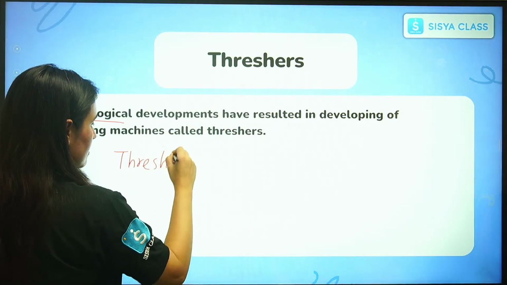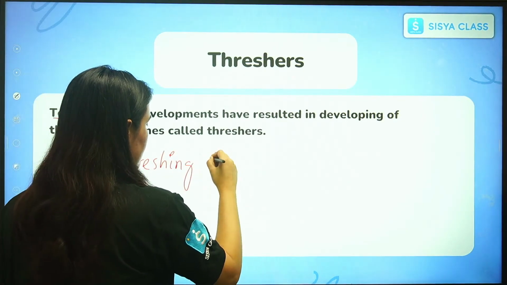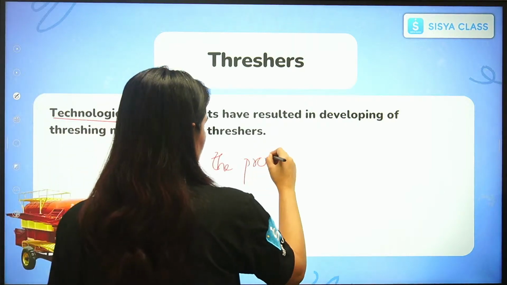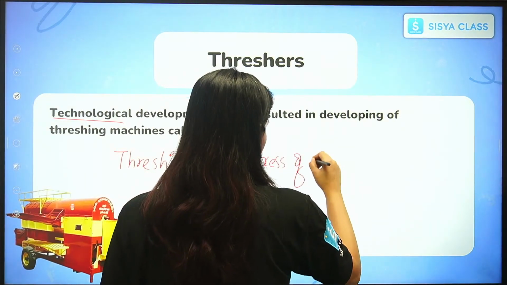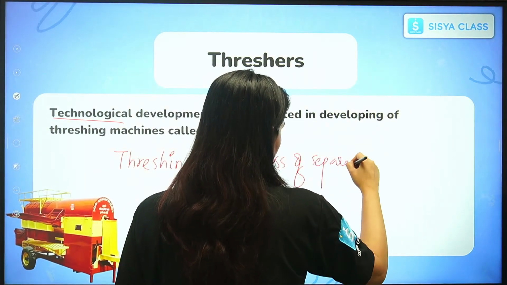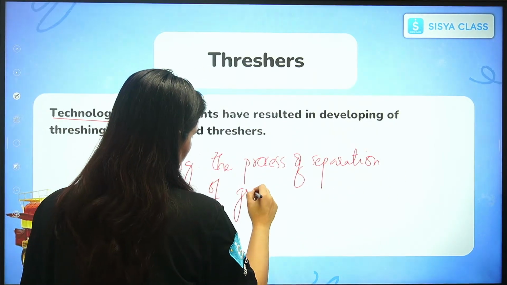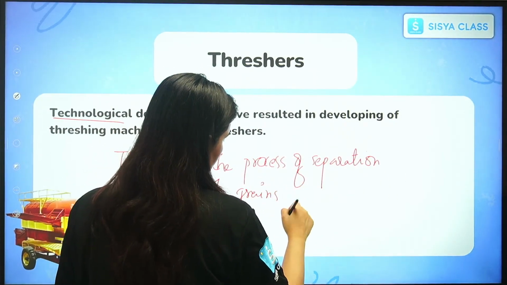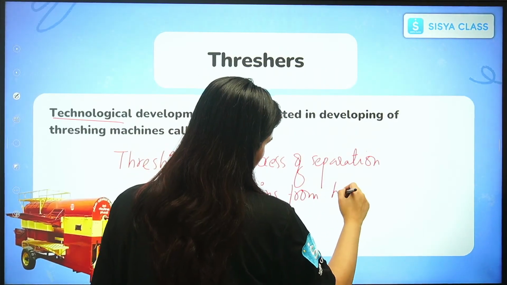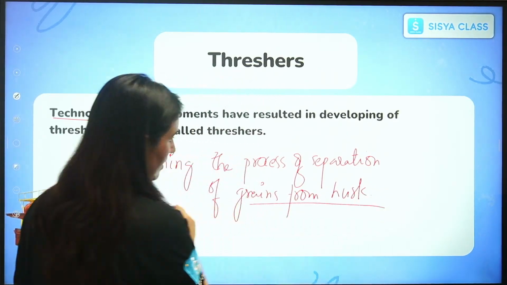Threshing, the process of separation of grains from the stalk. This was threshing, right?